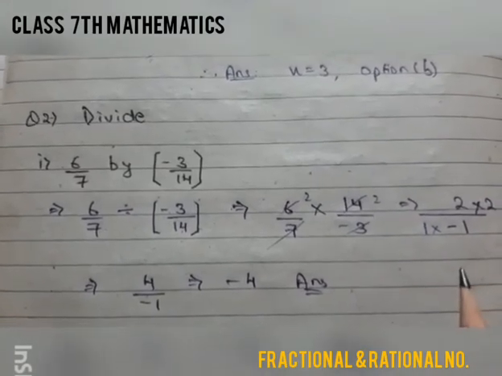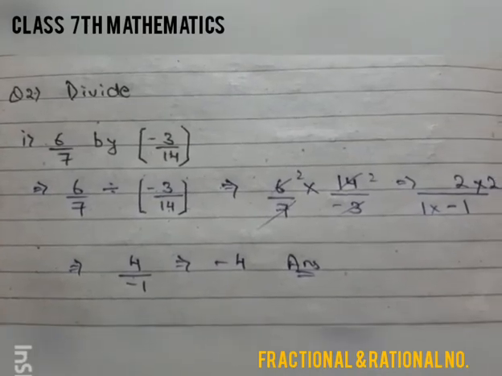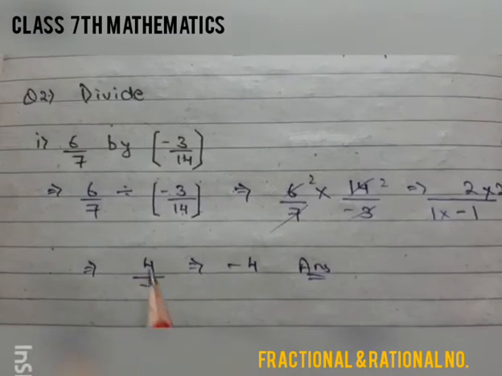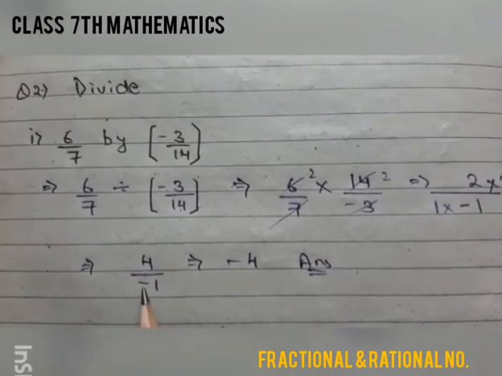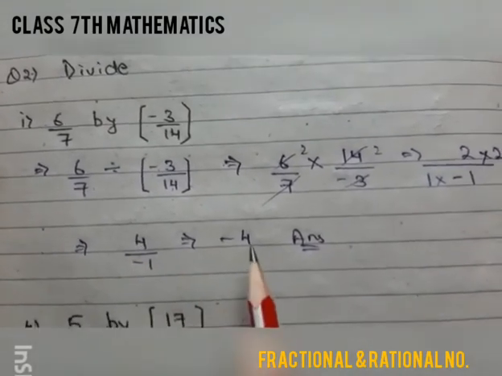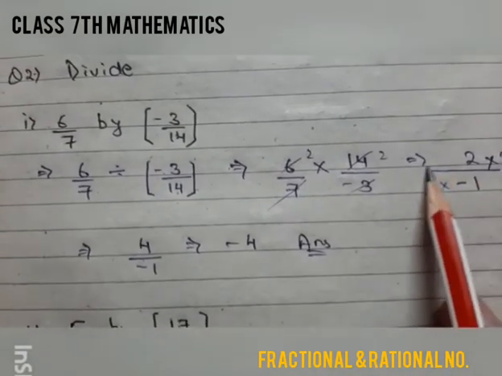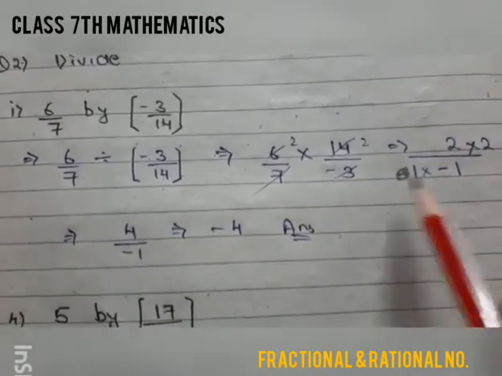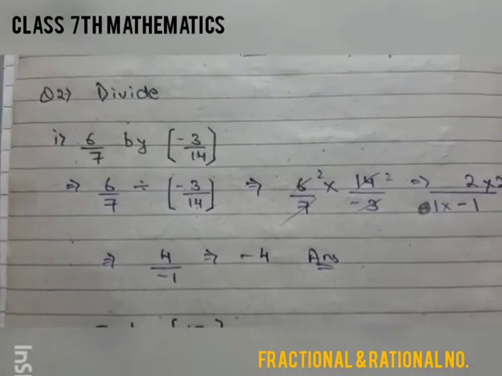But we always know that the denominator can never be negative. So what was the answer coming? 4 upon minus 1. Since the denominator can never be negative, we will simply transfer this minus sign from the denominator to the numerator. So the answer will be minus 4. Whenever in any question you find a negative sign in the denominator, always transfer it to the numerator because the denominator can never be negative.